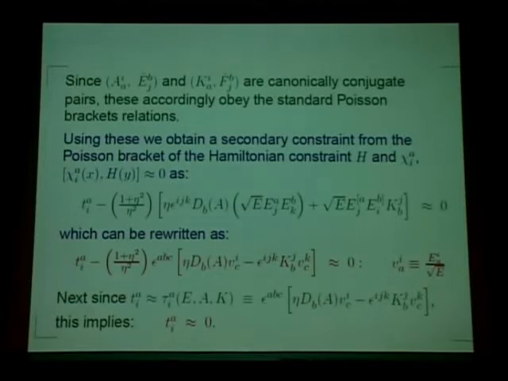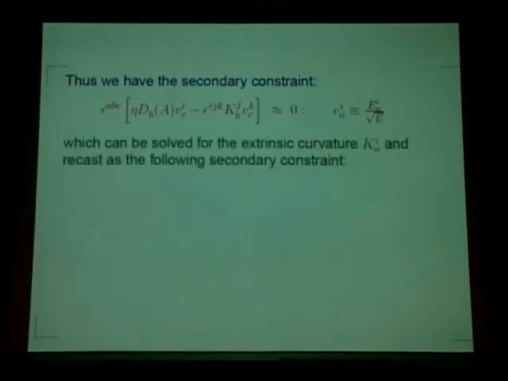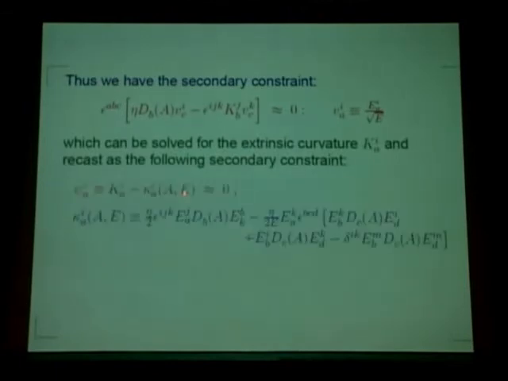So what this secondary constraint is, is that really T^A is weakly 0. So thus we have the secondary constraint that this object is 0, which we can solve for the extrinsic curvature K^A and recast as the following secondary constraint, that psi^A is K^A minus kappa^A, where kappa^A is a specific function of E's and A's.